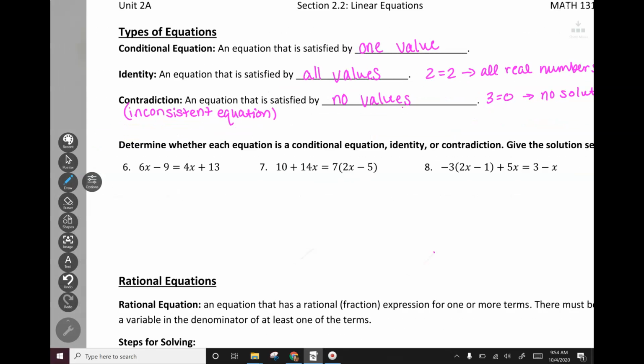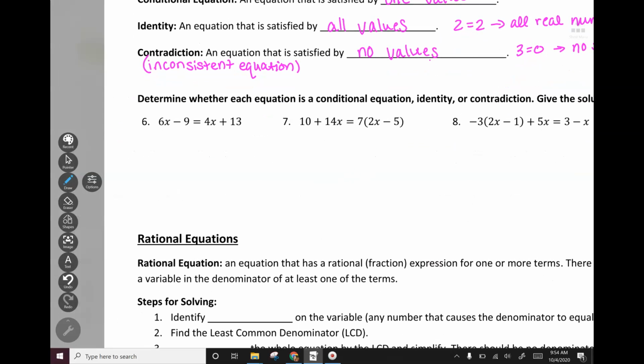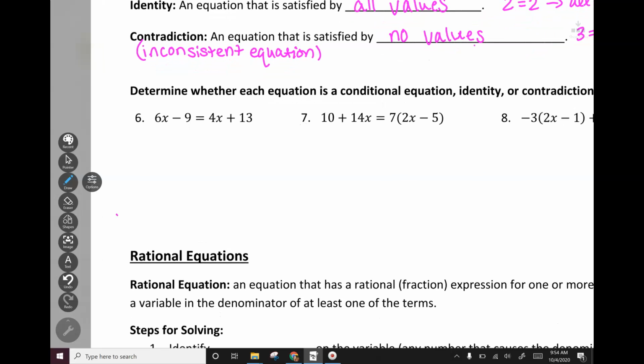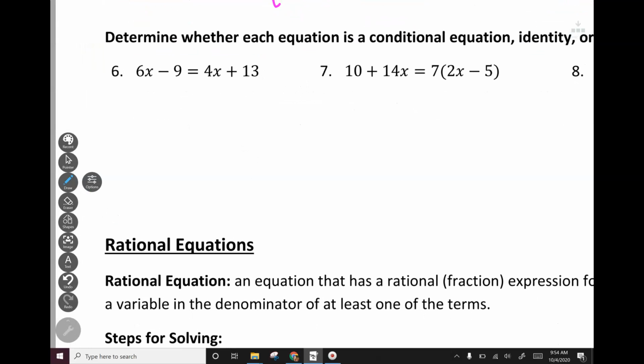Okay, let's try looking at these equations and determining whether they are conditional, identity, or a contradiction. Okay, so let's just try solving the equation.